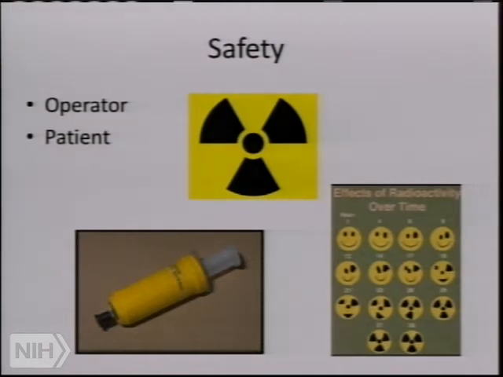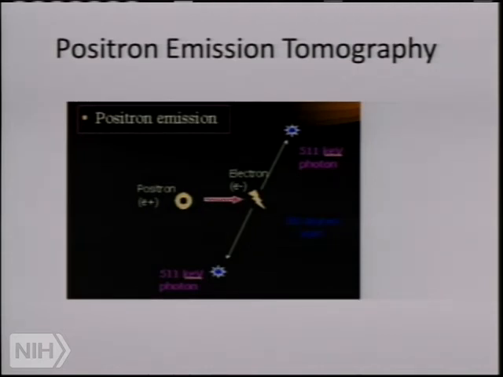So these are protectors, so-called lead pigs, that fit around the syringe so that as the tech holds the syringe, they're not exposed to a lot. And of course, the patient, we are very cognizant of the dose that's administered. And of course, we're all familiar with the mutating effects of radiation.